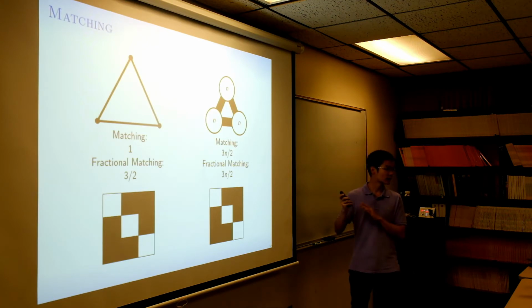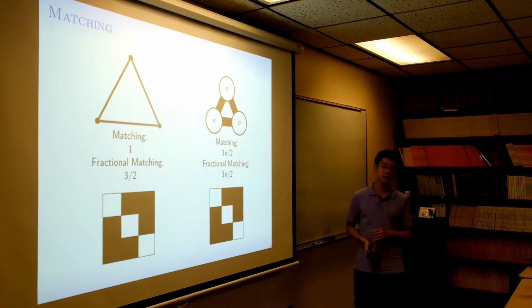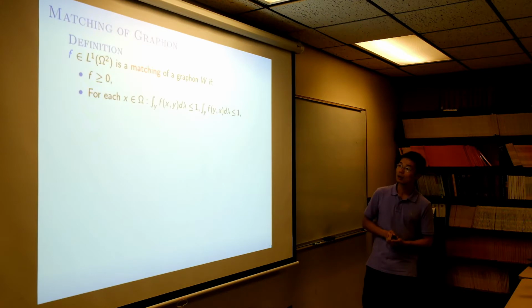The inspiration is that for a graphon, there is maybe no difference between a matching and a fractional matching, because a graphon itself denotes large graphs, and for large graphs you can think of them as denoting a blow-up of some graph. And for a blow-up, if it is large enough, there is no difference between the matching and the fractional matching. So we define the matching like this.